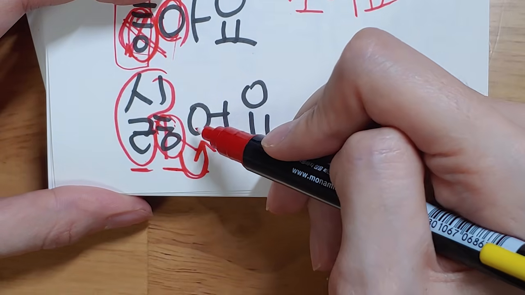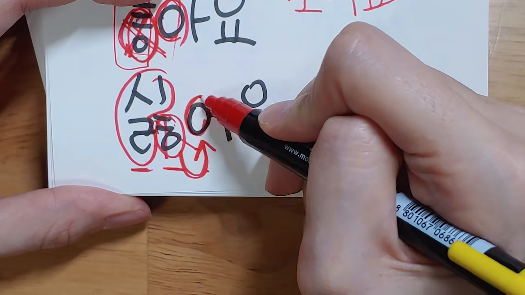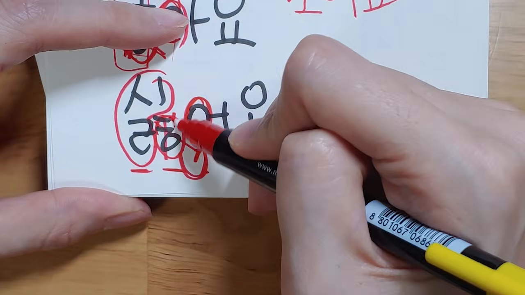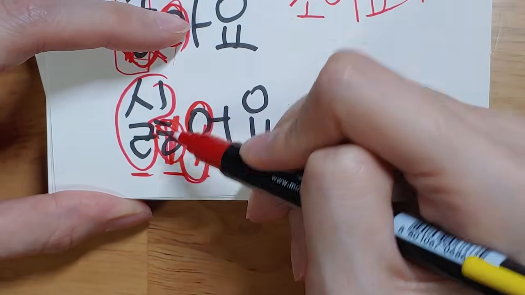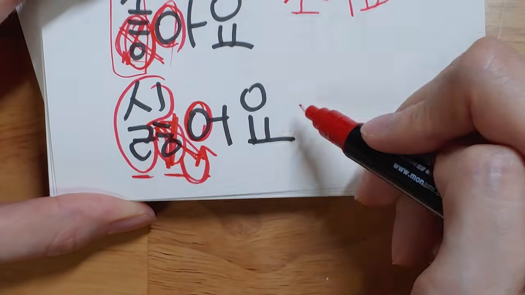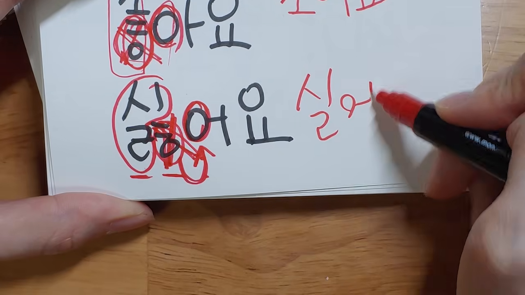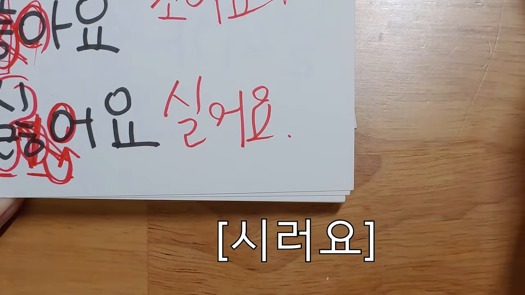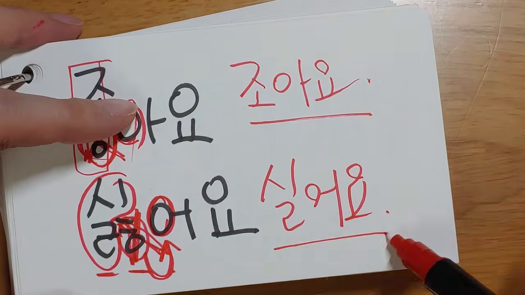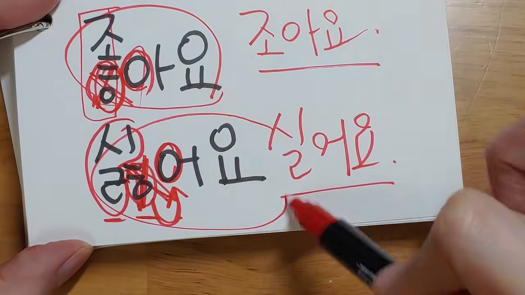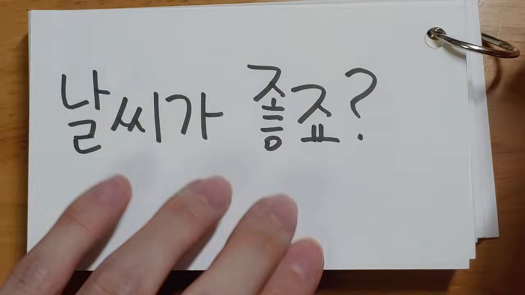But since the consonant that comes after is 이응 consonant, this loses phonetic value. So you can just ignore this when you're pronouncing it. And this is just pronounced like 싫어요. 싫어요. 좋아요. 싫어요. I like it. I don't like it. And moving on to the next one.